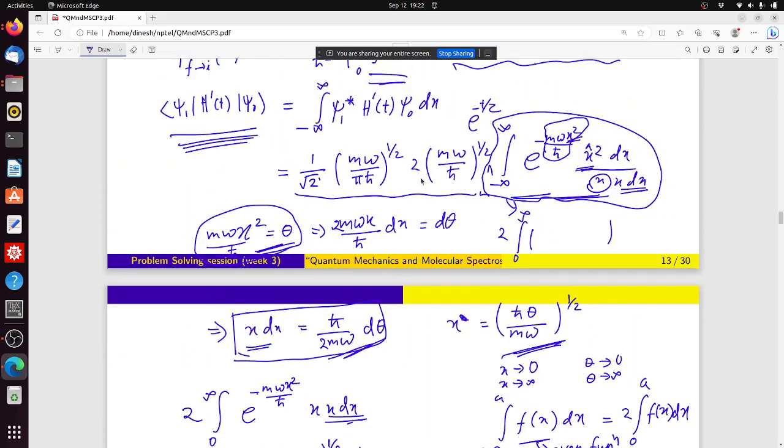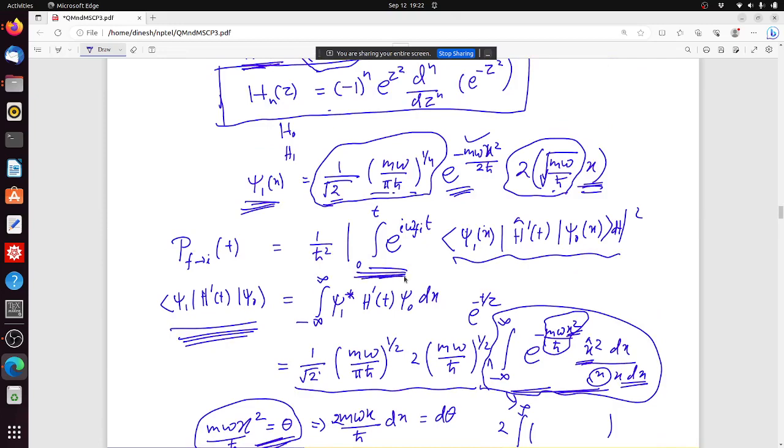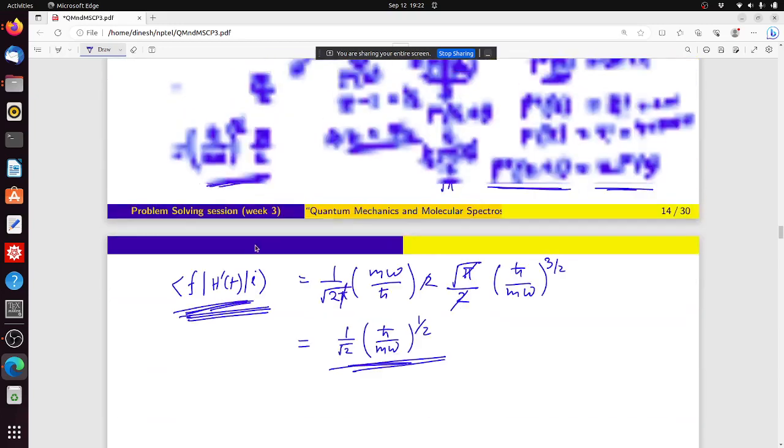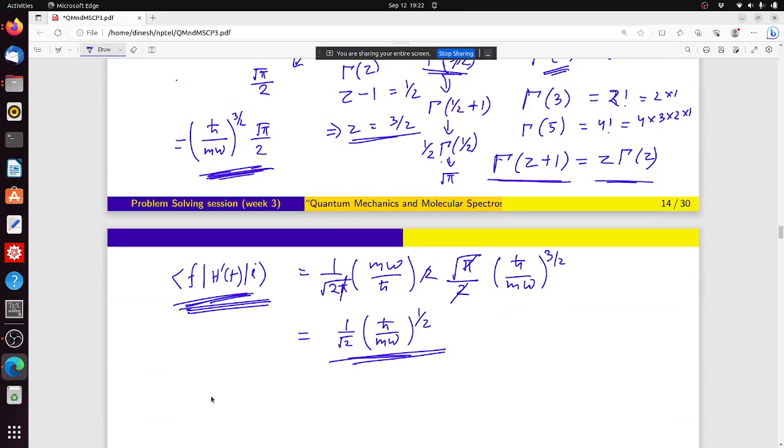Now we have to do one integration with respect to time. This probability is nothing but 1 over h cross square and e to the power i omega fi t, and this part is time independent, so I don't bother about it, I can take it out.